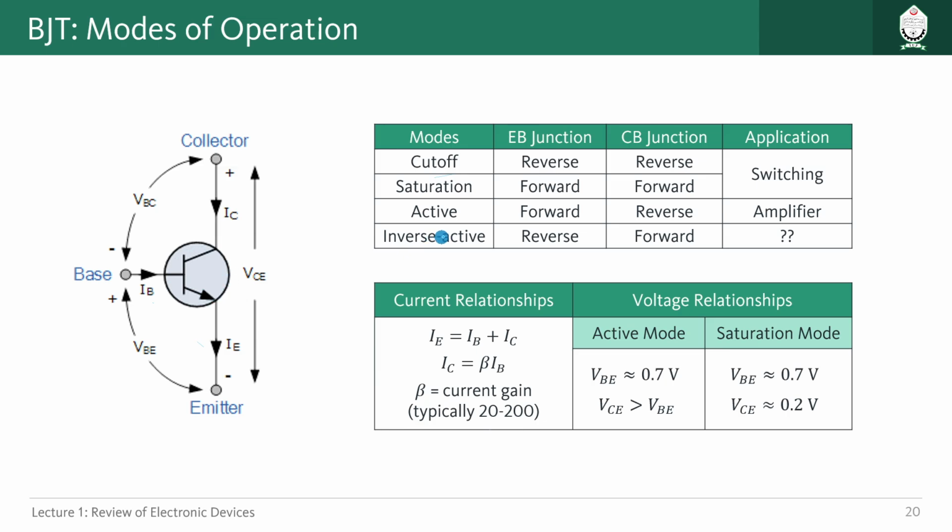And then the fourth one, I don't think you have heard that before, which is called inverse active or reverse active. This happens whenever the base to emitter junction is reverse biased, but the base to collector junction is forward biased.